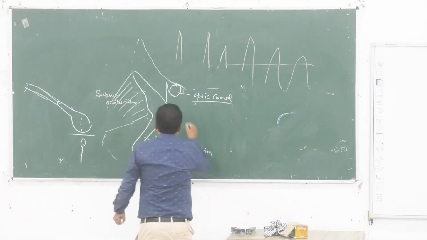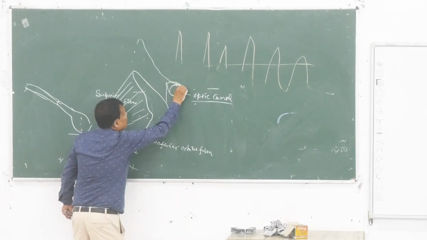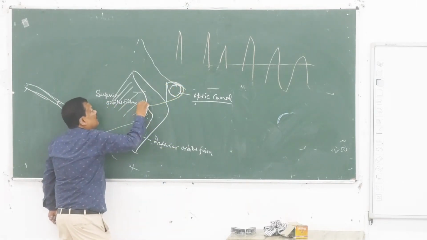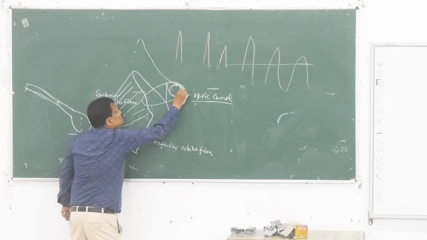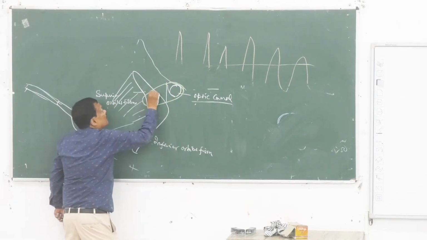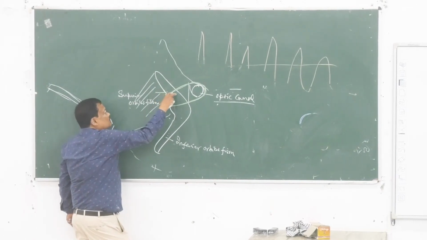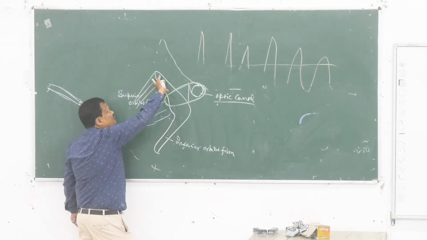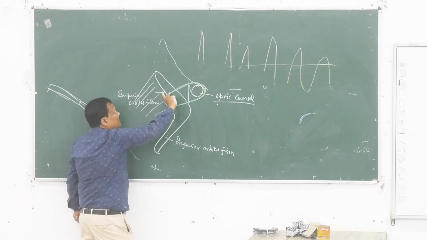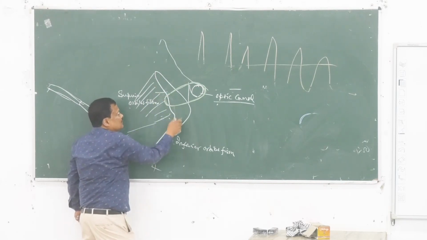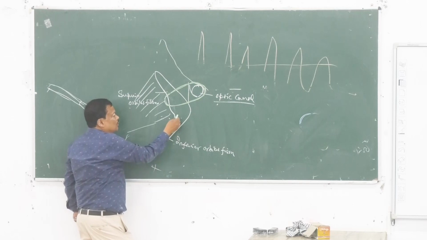It covers the optic canal and the middle part of the superior orbital fissure, and due to this the superior orbital fissure has an upper part and a lower part. This is the inferior orbital fissure.